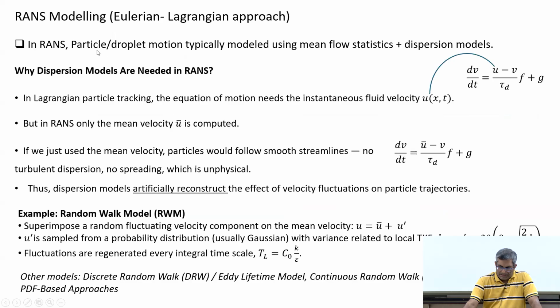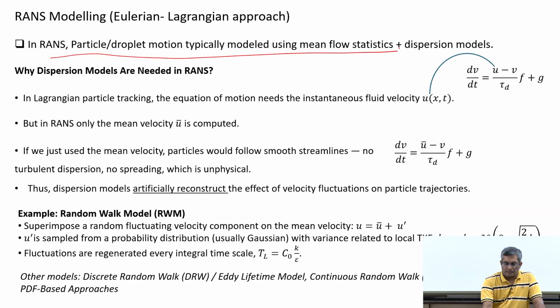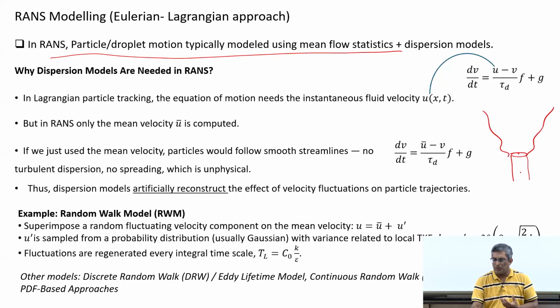Yes, so this is another very important point. As I said, in case of RANS, what we get is mean flow statistics only. Again, if we go back to the problem of, let us say, a turbulent jet, and you introduce some particles, and you want to use RANS based modeling approach to solve this flow.